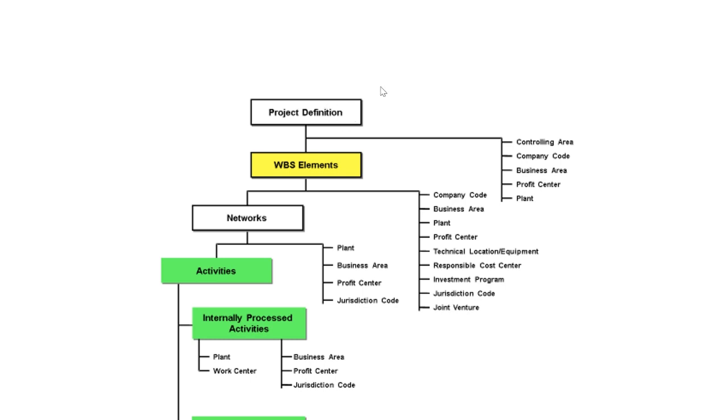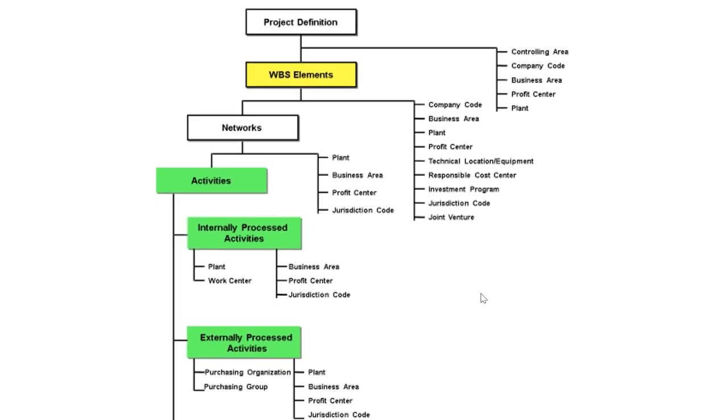So first here we have the project definition. Under that we'll have WBS elements, under that networks, and under that activities. This is how the structure works. For the WBS, we'll be assigning the networks, and for the networks, we'll be assigning internal activities.